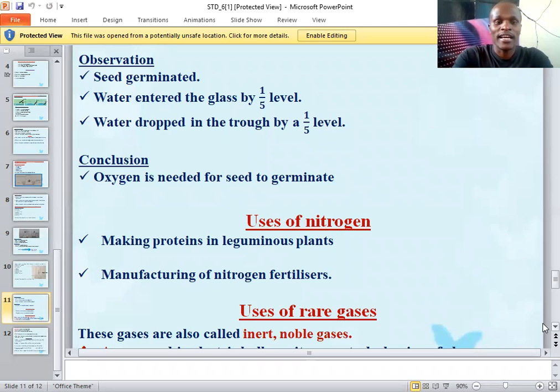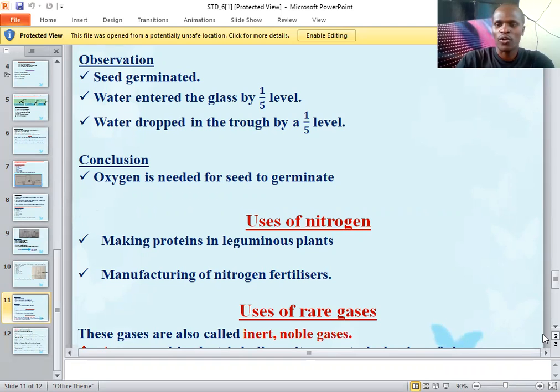These bacteria are able to absorb nitrogen from the atmosphere and then convert that nitrogen into nitrate, which is used as a food by these plants. And that is only possible in leguminous plants since they have the root nodule. So nitrogen is used by these leguminous plants to make proteins.